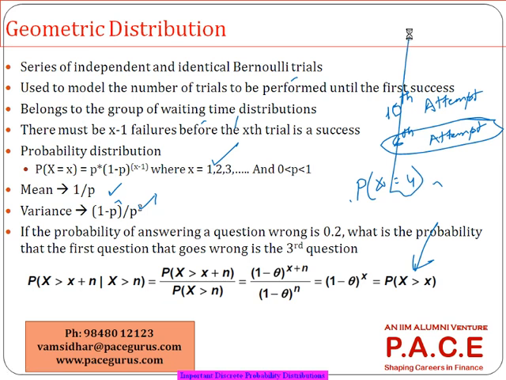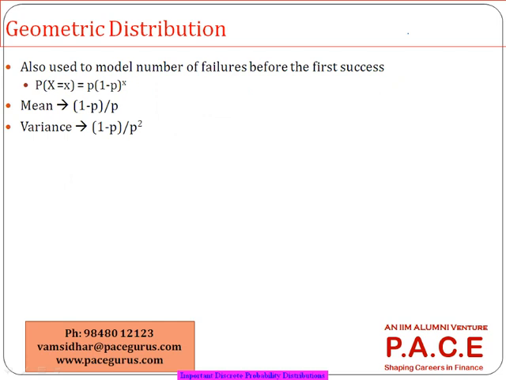And one more thing which people typically use to model: one example where we use the geometric distribution is the number of attempts to be made to get the first success. Slightly differently, the number of failures before the first success. Both of them are more or less related.